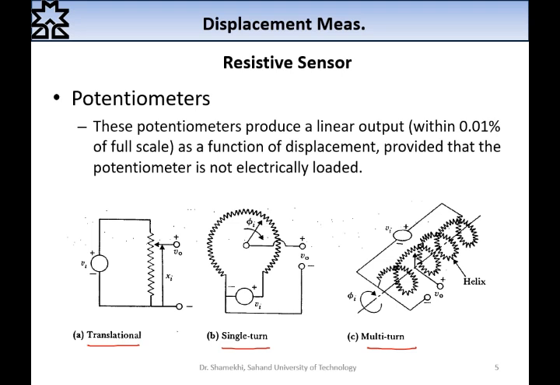Suppose that we have a drive voltage here, Vi, and we want to use Vout to measure the displacement Xi. If the total length of the potentiometer is L, the output voltage can be measured with this equation.